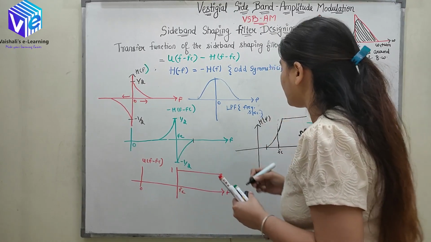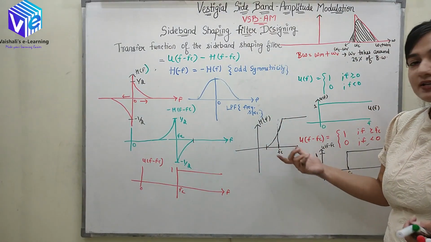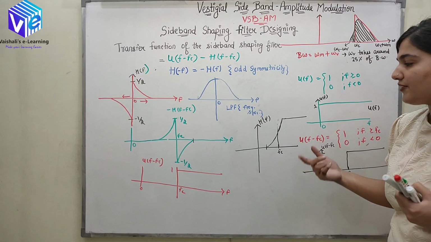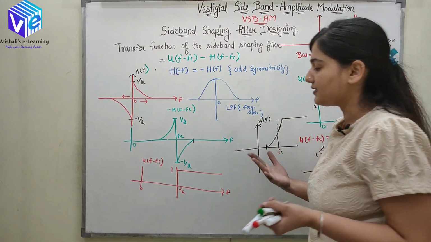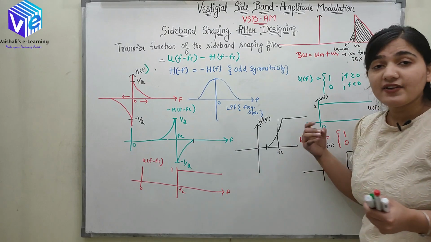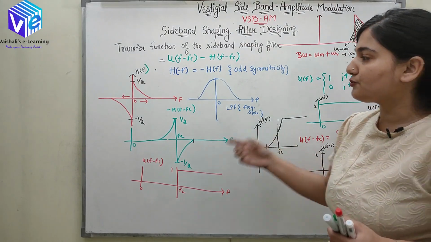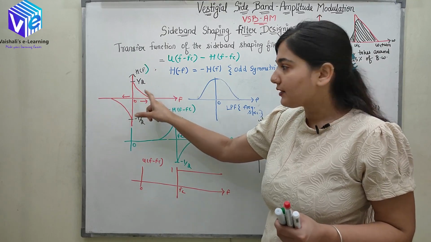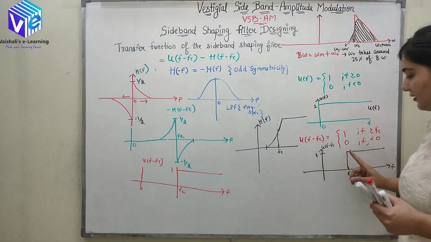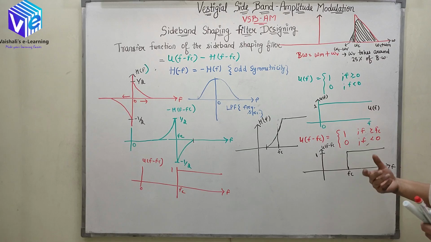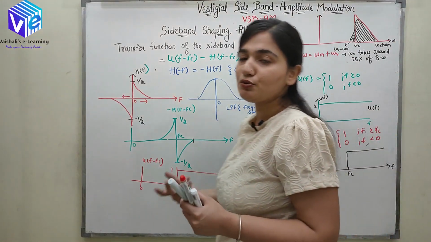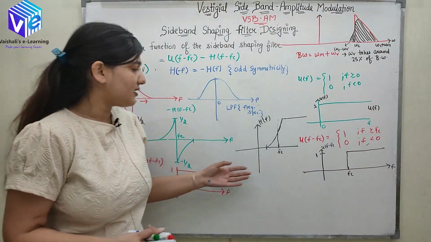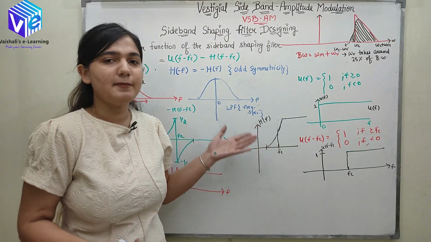So this is H dash of f. So this is representing the filter of the vestigial sideband. So now here you can see how I can generate the vestigial sideband filter using the h of f, which is a low pass odd symmetric filter, as well as the u of f, which is the step function. So with the help of these two functions, I can generate my vestigial sideband shaping filter.